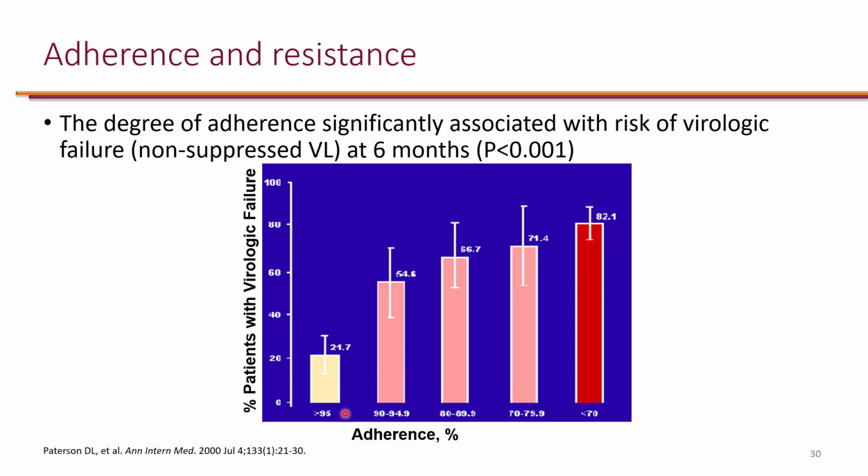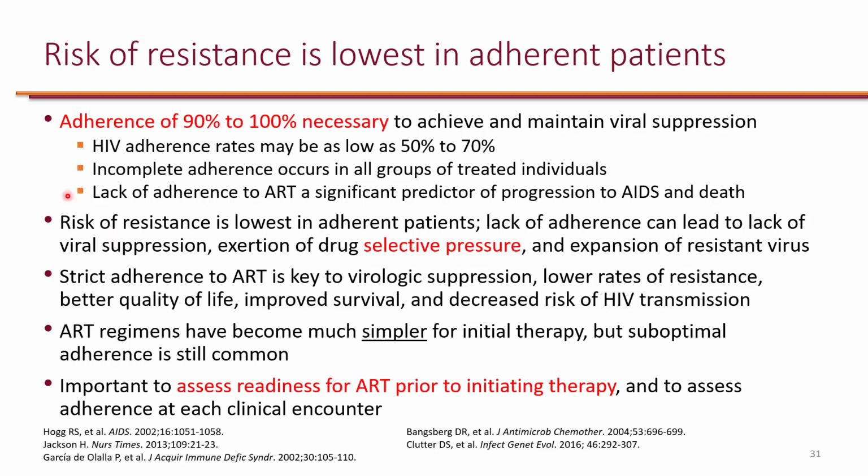And you can see that around 90 to 94% adherence was really required to have a lower failure rate, and really 95%. And of course, those agents that were used here were less potent compared to what we have today. But regardless, it's recommended that adherence of 90 to 100% is necessary to achieve and maintain viral suppression.